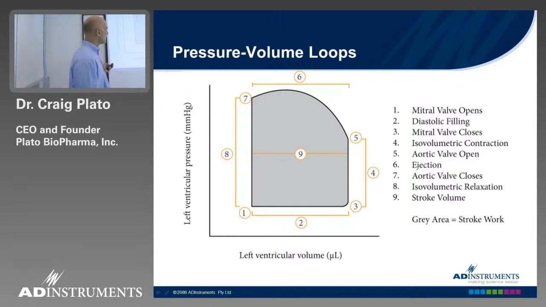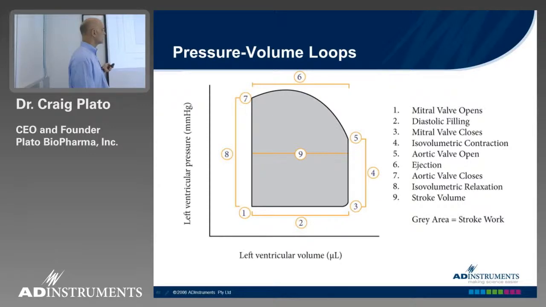Okay. So just to start you out, walking around the loop, at the point here labeled 1, this is where the mitral valve opens. Okay, and the mitral valve actually is the valve between the left atria and the left ventricle and allows the ventricle to fill with blood. And so certainly what we can see is that there's a change in volume status here.